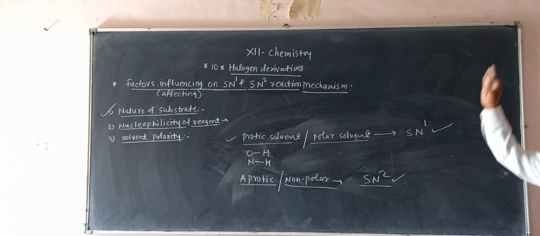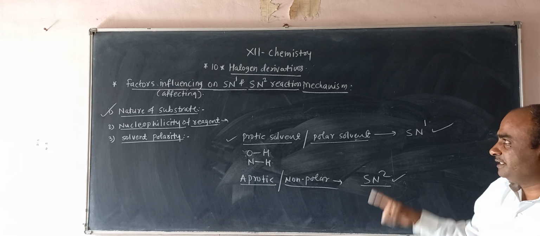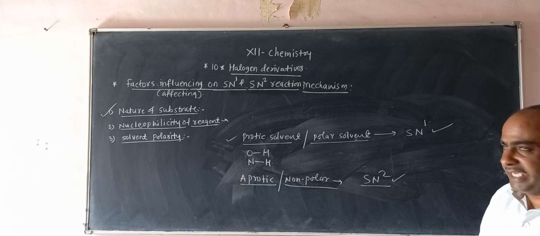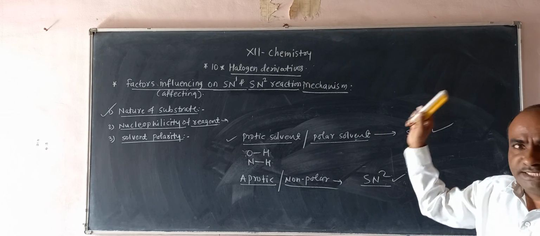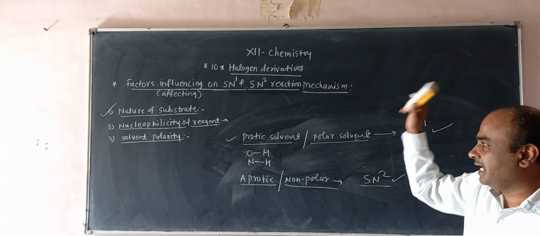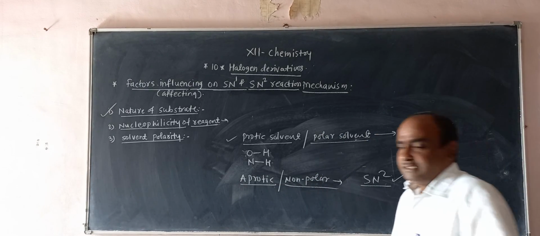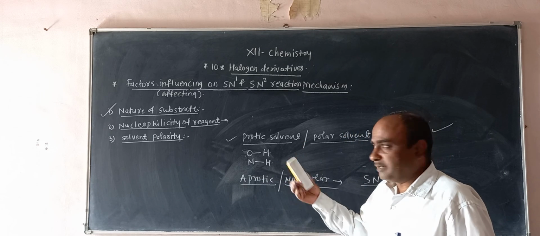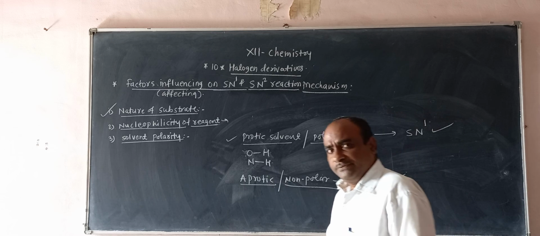Okay, so we discussed the factors influencing the SN1 and SN2 reaction mechanisms, that is, three factors: nature of substrate, nucleophilicity, and solvent polarity. In the next lecture, we will discuss the remaining points. Okay, we stop here.